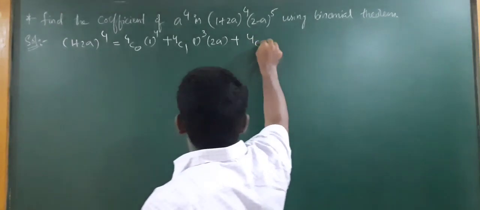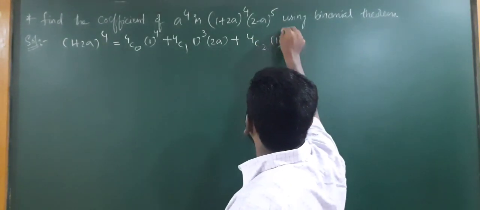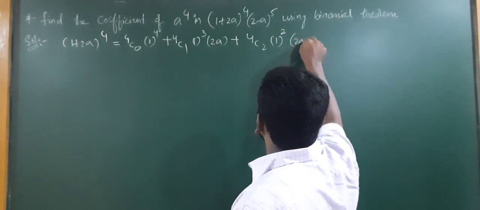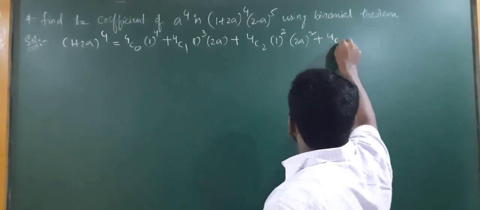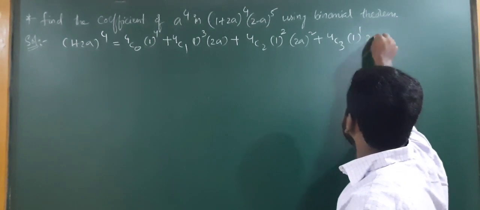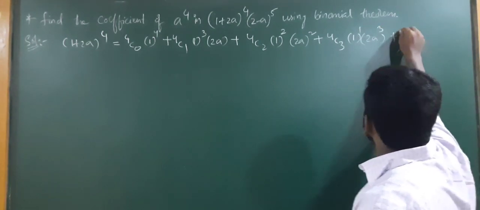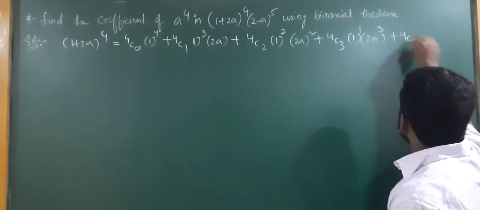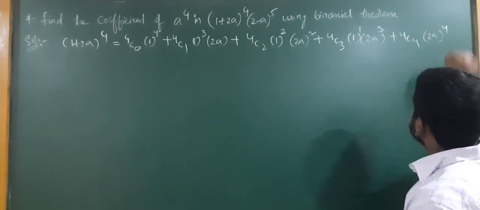Next plus 4C2 into 1 to the power of 4 minus 2, which is 2, into (2a) whole square, plus 4C3 1 to the power of 1 into (2a) whole cube, plus 4C4, this is (2a) to the power of 4.